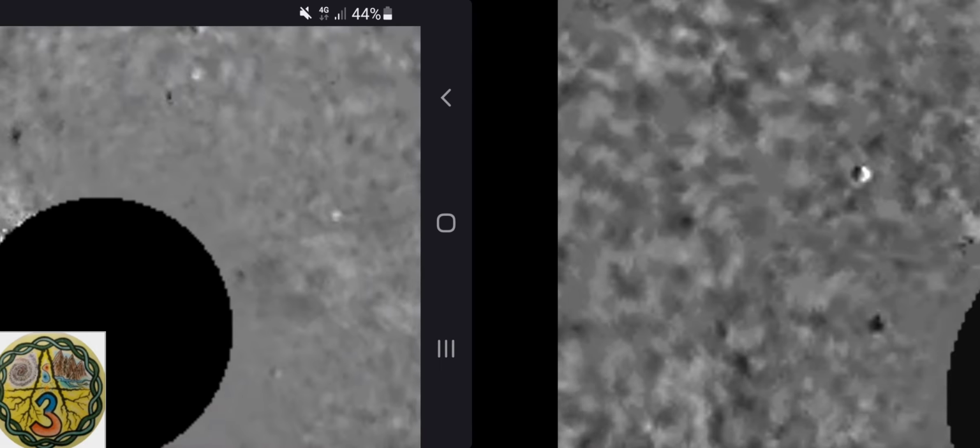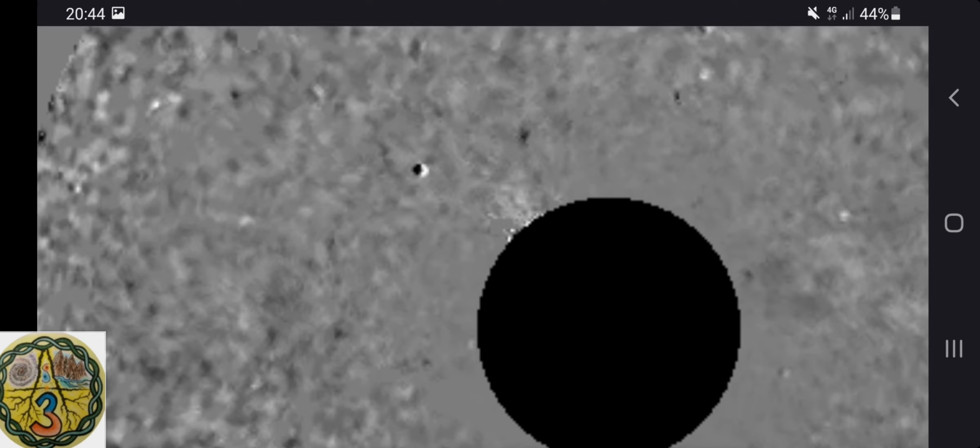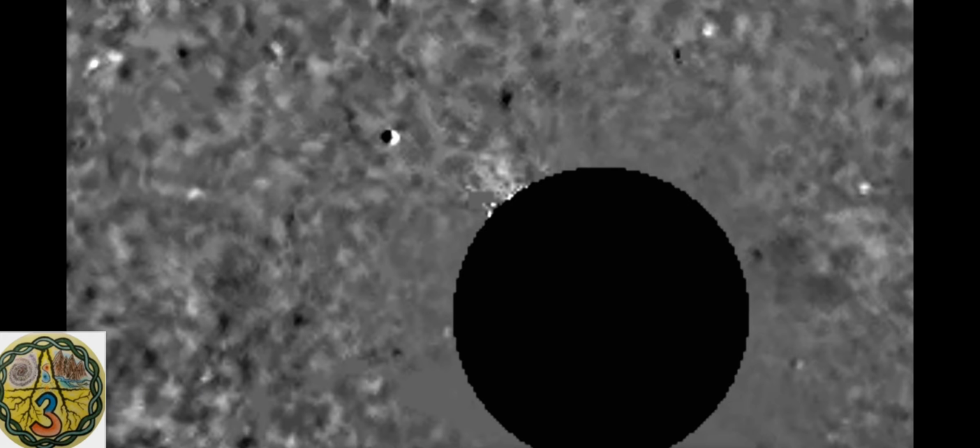And every now and then, we have these kind of structures here. I've showed them many times. Just think about the fact. In every frame, it's at the same spot. How? Why? Who?